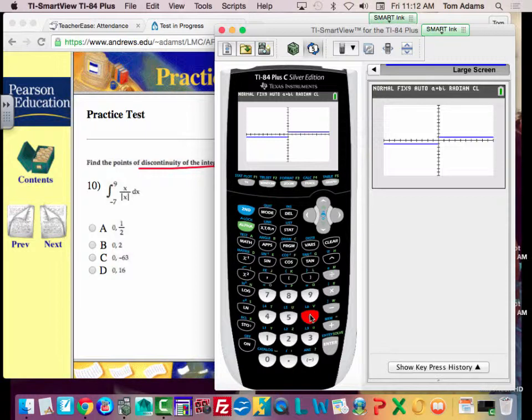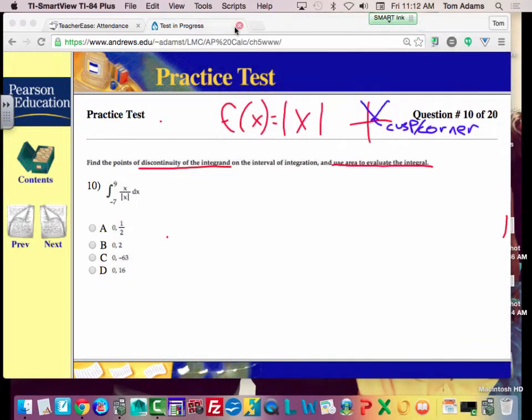And they want us to evaluate from negative, so where is the point of discontinuity on this thing? When x equals 0. So what I really need to do is I really need to do it like this. I need to say, let me minimize this and we'll write it down.